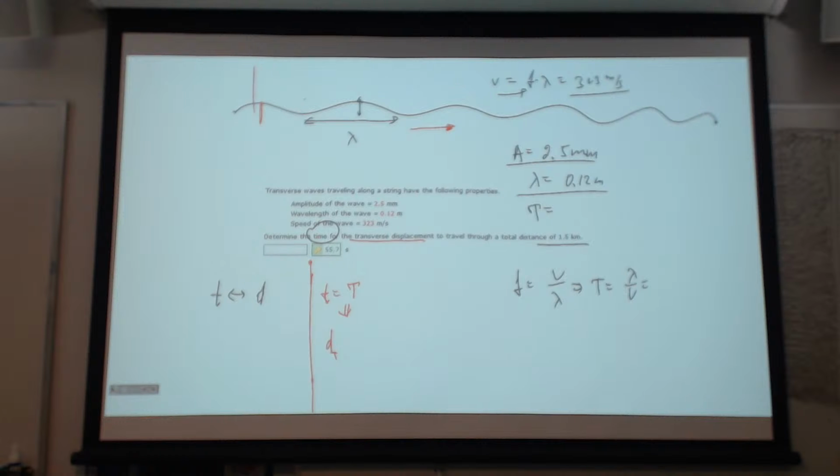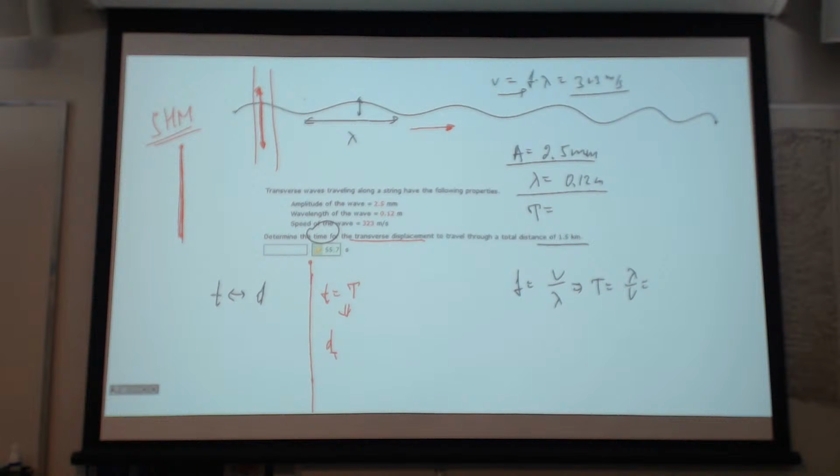We are cutting the wave out, and we're looking at the motion of a single point right here. That single point, like a ball on a spring, moves up and down, up and down. That is simple harmonic motion. And the question is, what's the distance traveled by this point in one period?